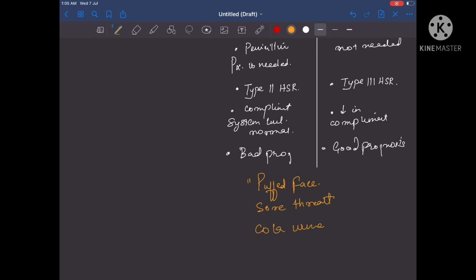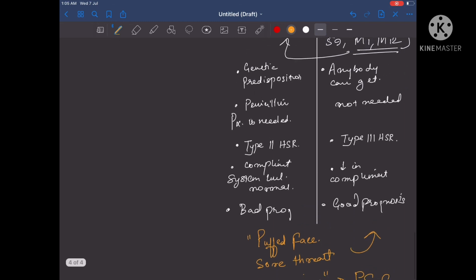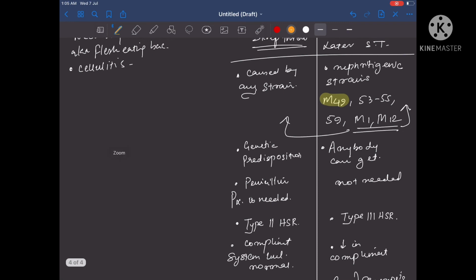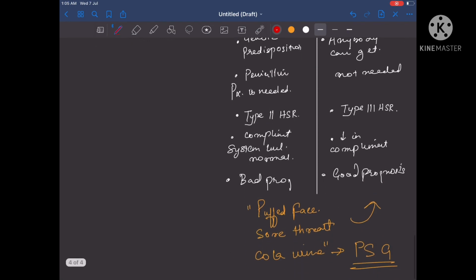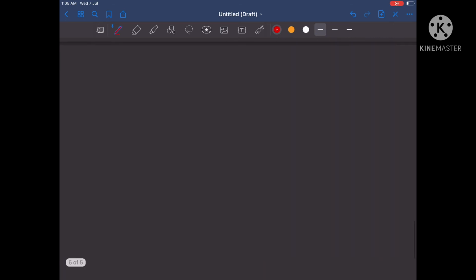The person is most likely to have PSG: puffed face, sore throat, and cola urine. So with that, our clinical section is over. Now we are left with diagnosis and treatment.